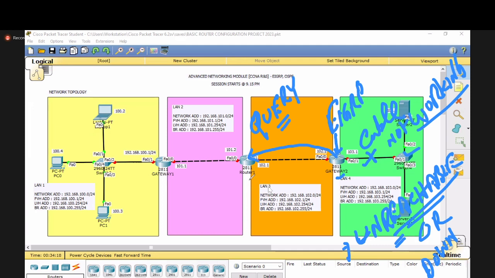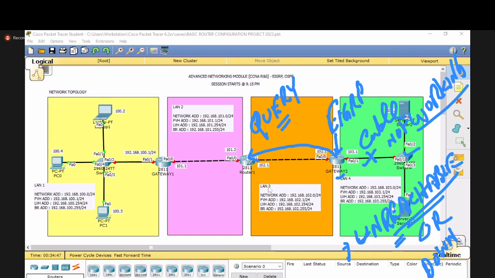It means it is asking router 1 whether router 1 knows any route to communicate to LAN 4 or not, because it cannot communicate. So it is asking its neighbor whether router 1 can communicate to LAN 4. Since router 1 doesn't have any connection to LAN 4 here, it is a single connection connected to gateway 2, and the connection is not working now because the cable is down.